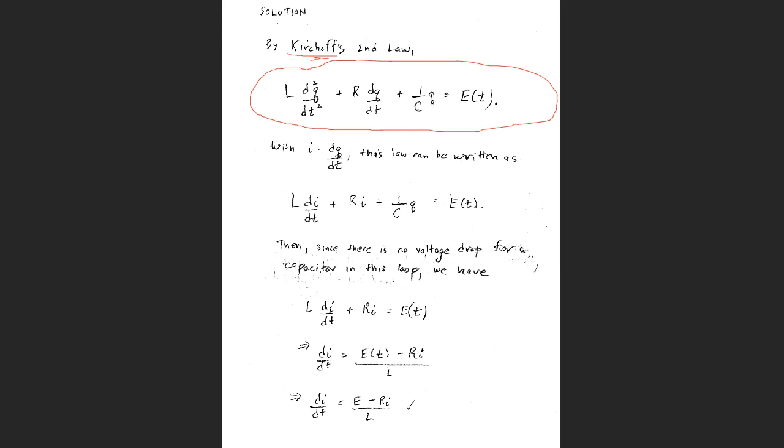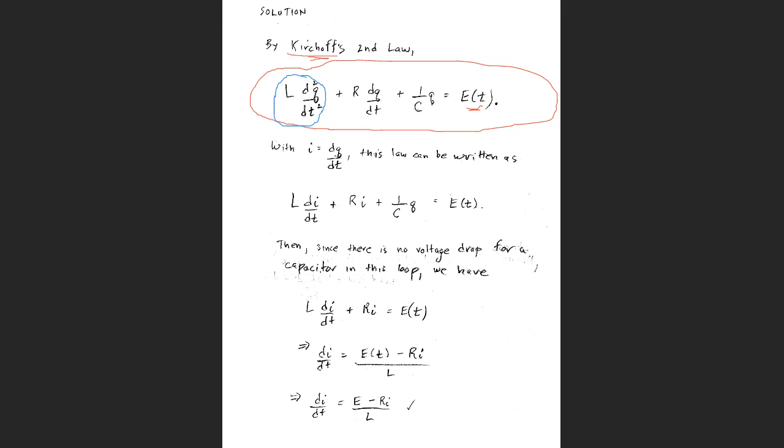Kirchhoff's second law provides a balance between voltages. Your energy source produces voltage, but that voltage gets consumed in the circuit by inductors. So this term here corresponds to the voltage drop due to your inductor.